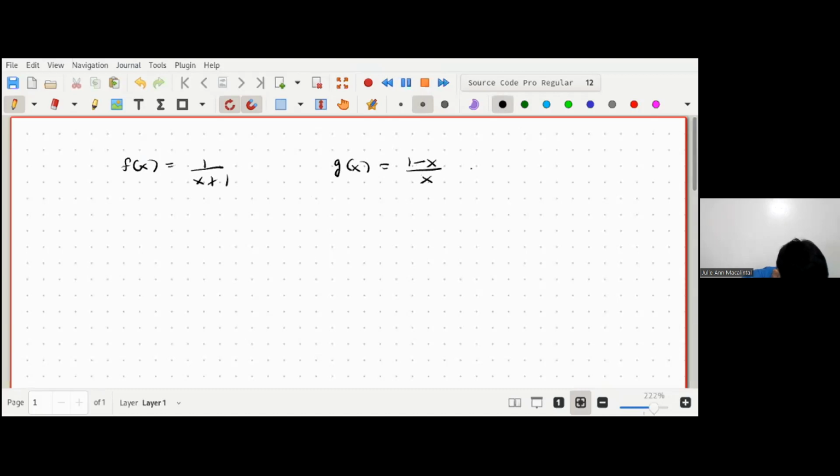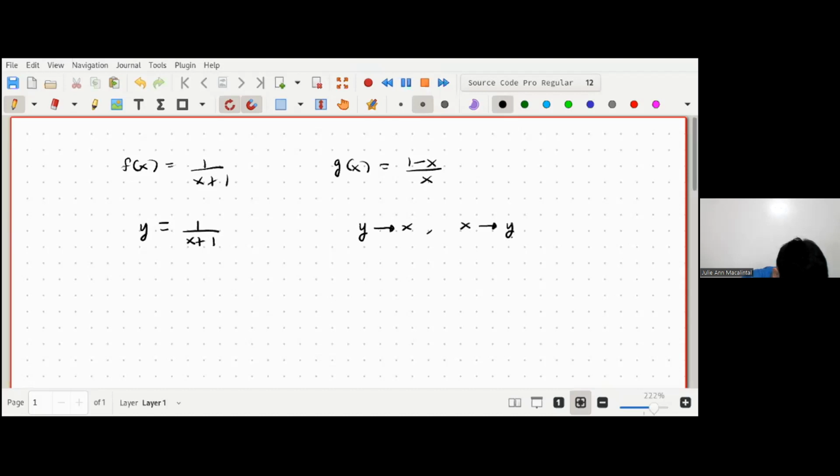So, to get the inverse, let's start with the f, which is y equals 1 over x plus 1. To get the inverse, lahat ng y magiging x, lahat ng x magiging y.